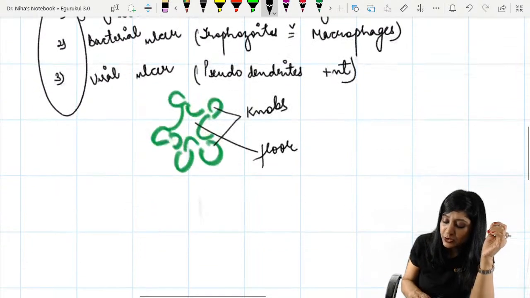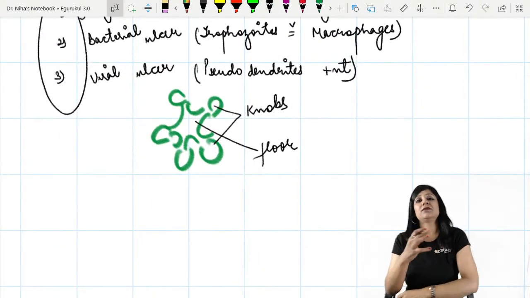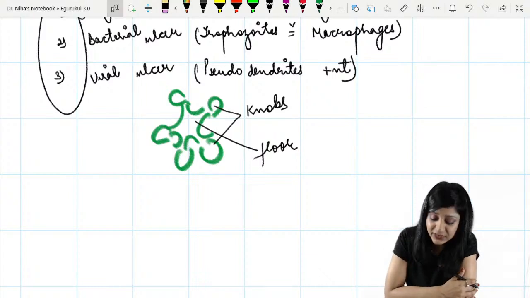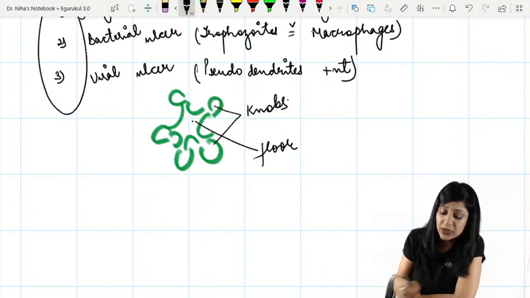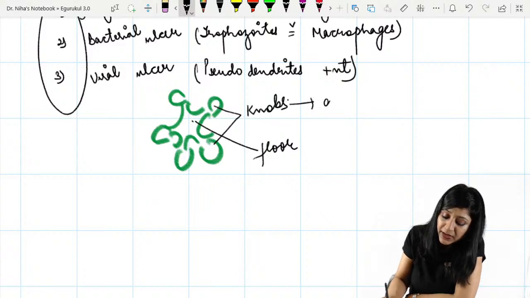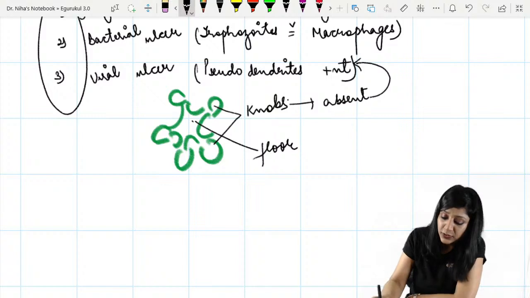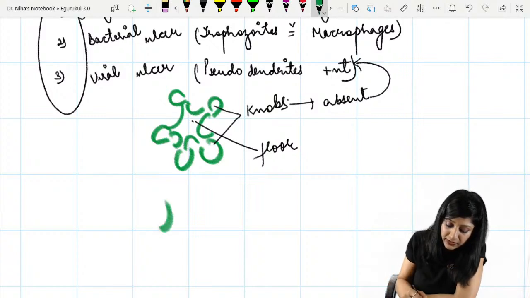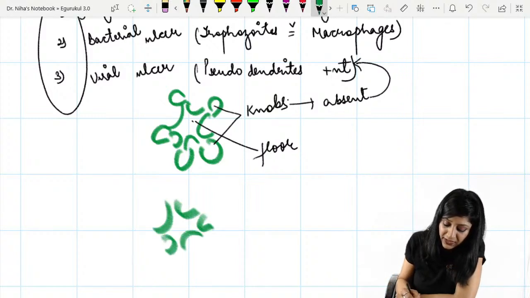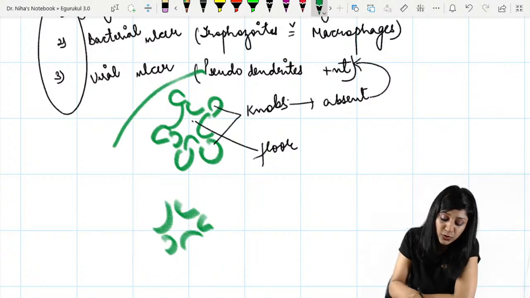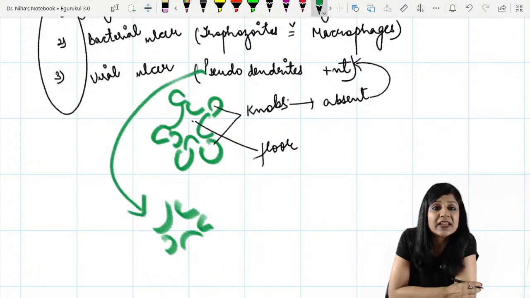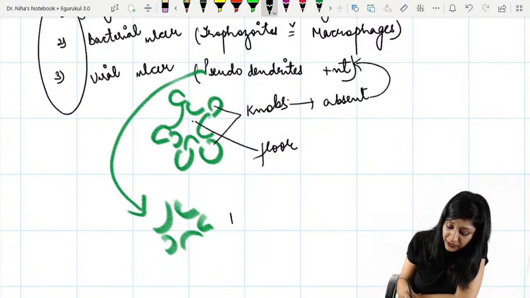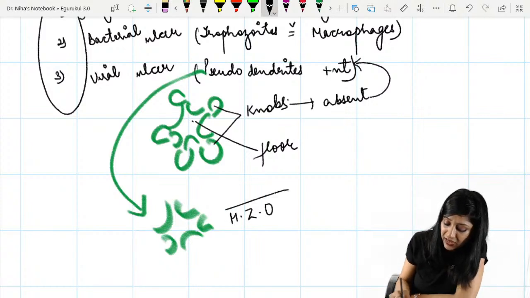If you see a true dendritic pattern where you have the dendritic ulcers, you have a floor and you have the knobs. So these knobs will be absent in cases of the pseudodendrites. So if it is something like this, then this is called as a pseudodendrite. Pseudodendrites are also found in the herpes zoster ophthalmicus.